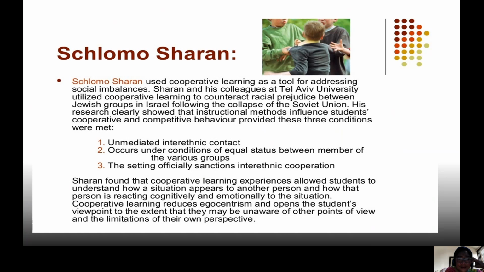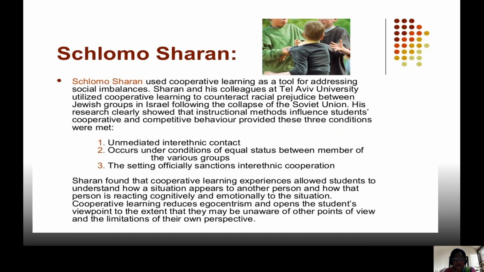His research clearly showed that instructional methods influence students' cooperative and competitive behavior, provided three conditions were met. So for Sharan, cooperative learning is not only for use in school, but also a tool for addressing social imbalances.